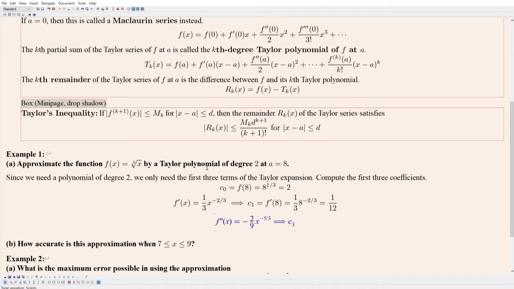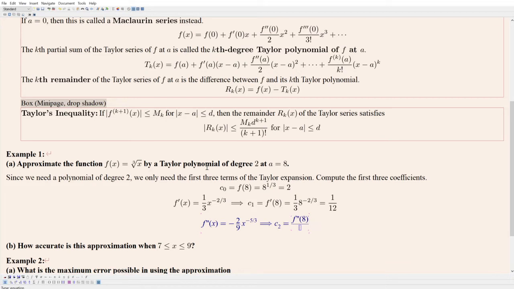So c sub 2 is going to be f double prime at 8 over 2 factorial, which is just 2.